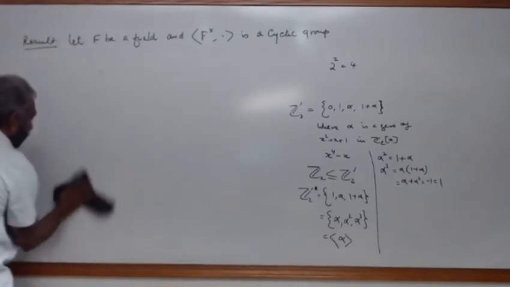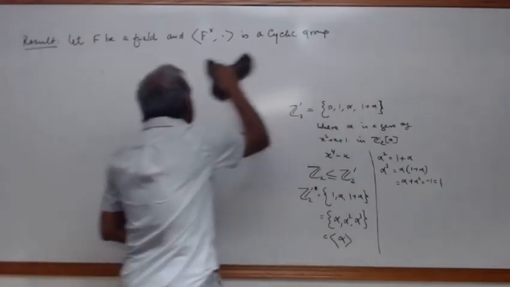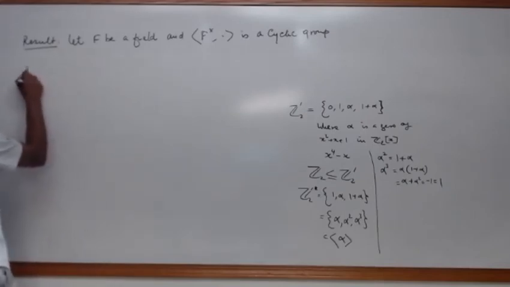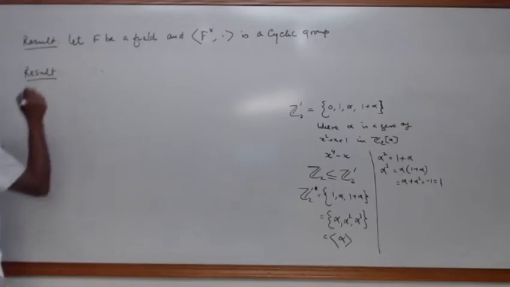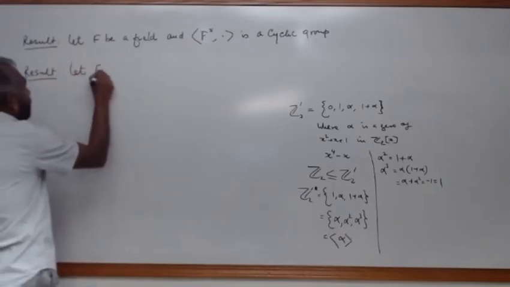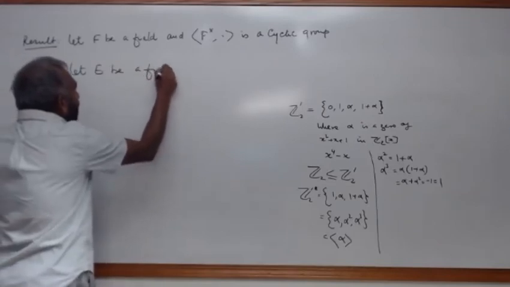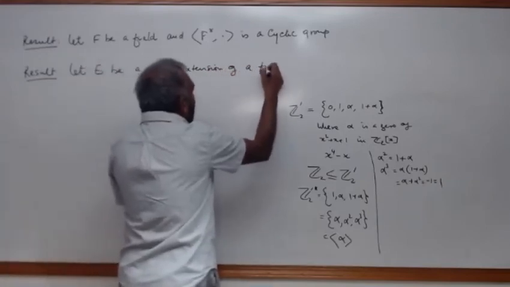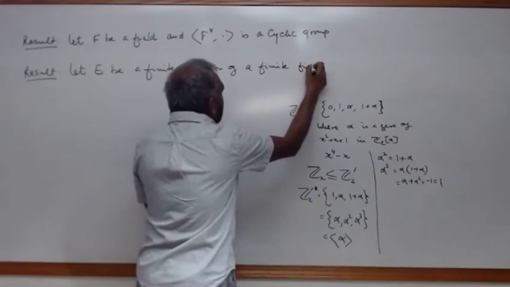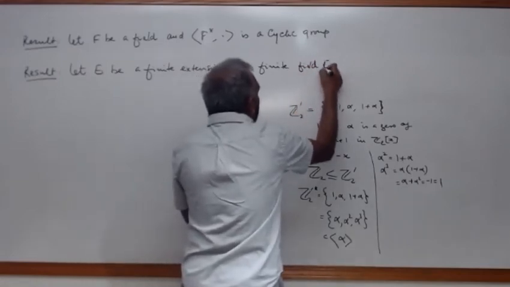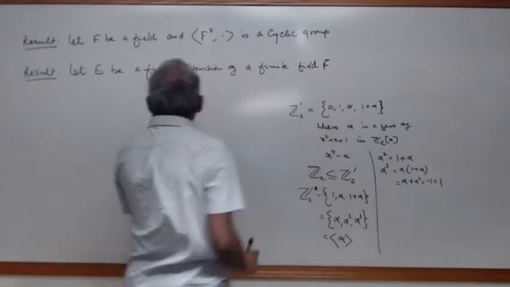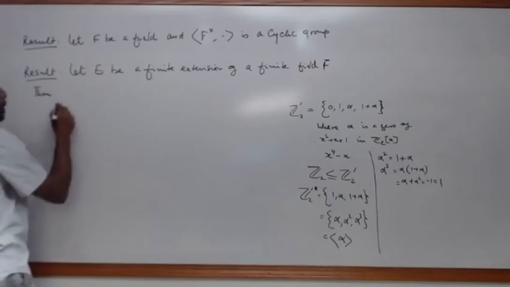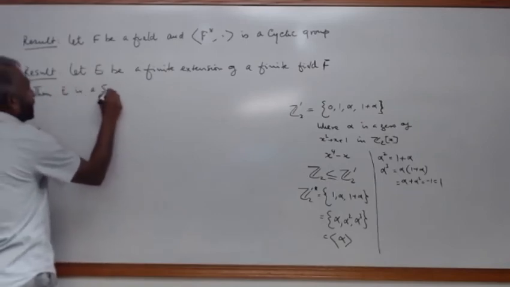So what does that mean? That means, let E be a finite extension of a finite field F. Then E is a simple extension.